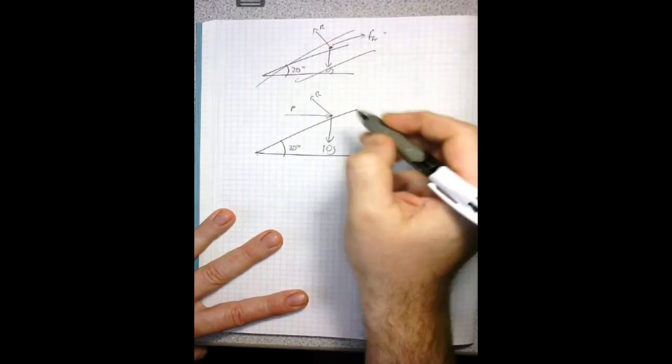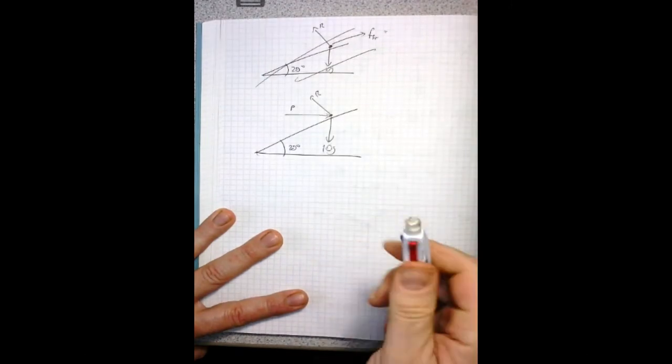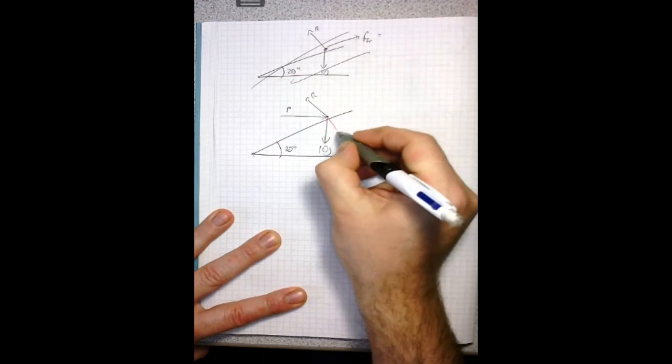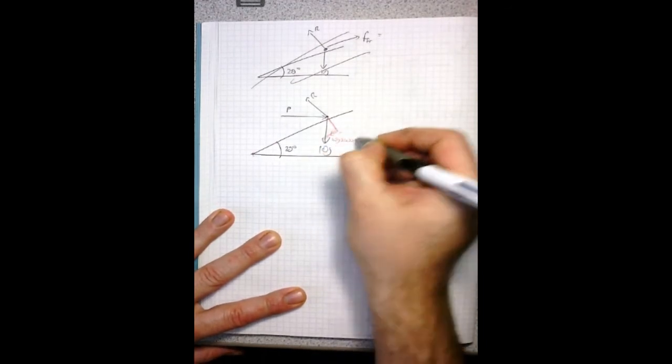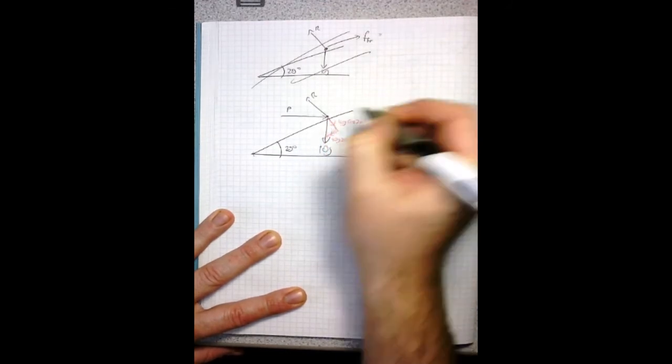Now, clearly, my weight is going to need decomposing, and P is going to need decomposing. So let's just do that. So that's 10g sine 20, 10g cos 20 as before.